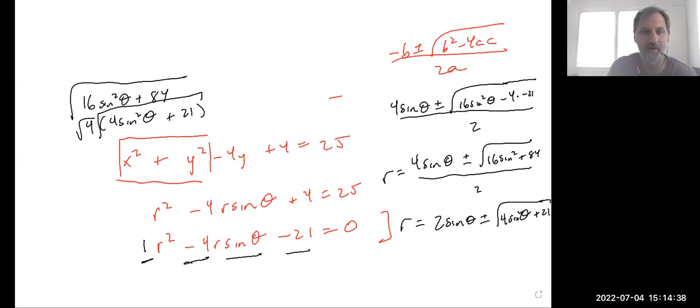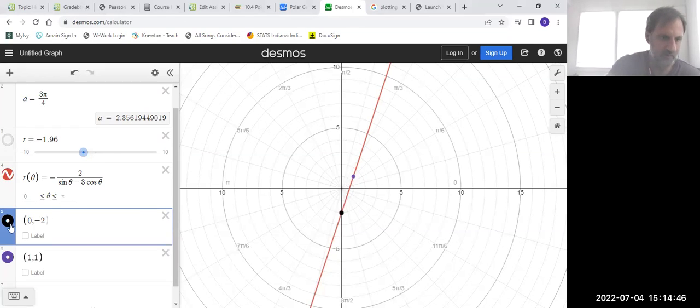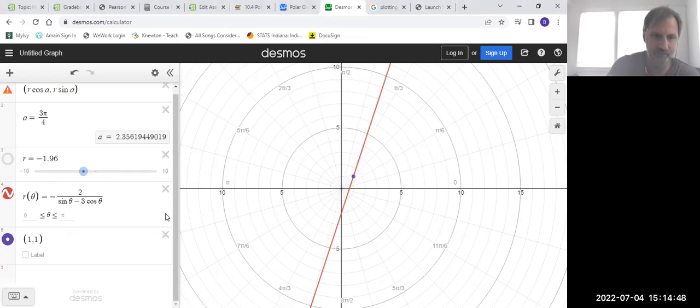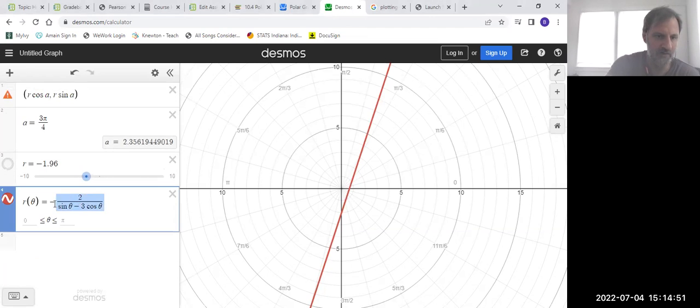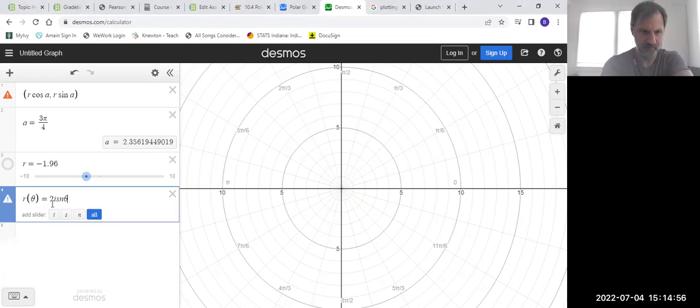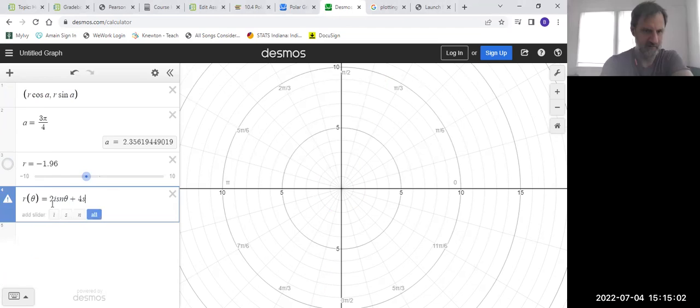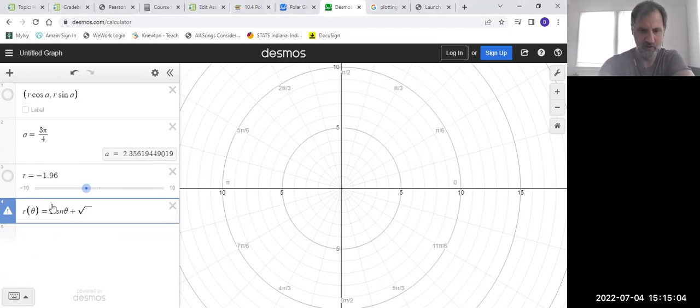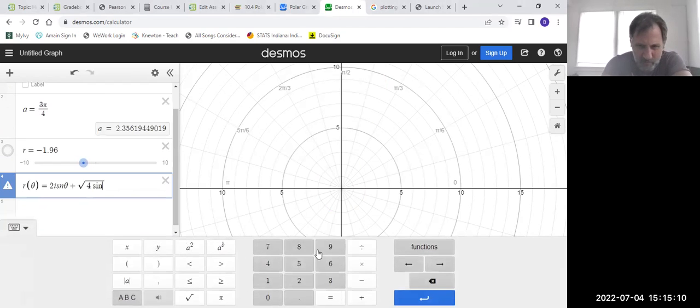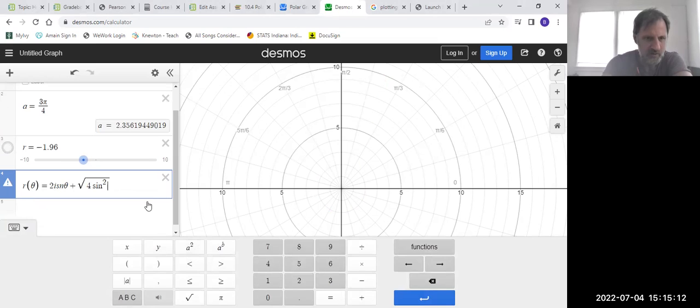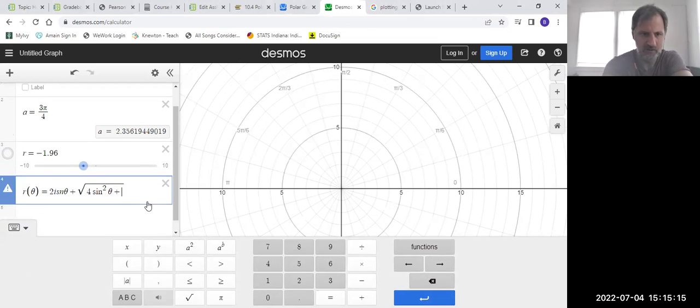Oh, cleaned up a little bit. So back to Desmos. These points out of here. All right, so my r function is 2 sine theta plus, I'll do the positive version first, square root of 4 sine squared theta plus 21.